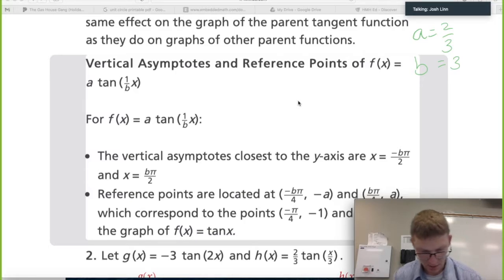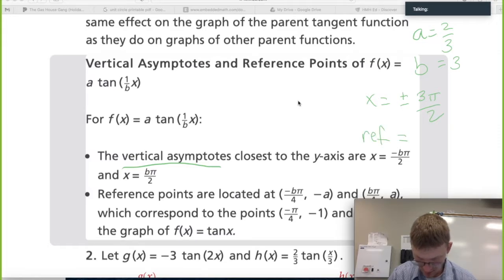Doesn't matter to me. So then we have our vertical asymptotes at x equals, in this case we can probably just do plus and minus, B, 3 pi over 2. And then our reference points are going to be negative 3 pi over 4, negative 2/3.